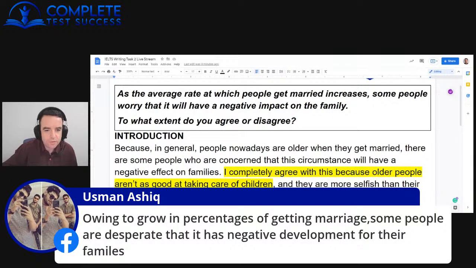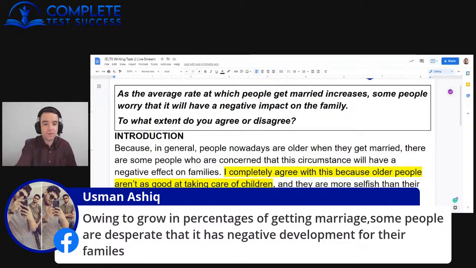"Owing to grow in percentages of getting married, some people are desperate that it has negative development for their families." No. So desperate isn't the same as worry. Desperate, it's just a different meaning. You can look that up yourself. And then you say the development of their families, but the question isn't about the families of the people who are worrying.